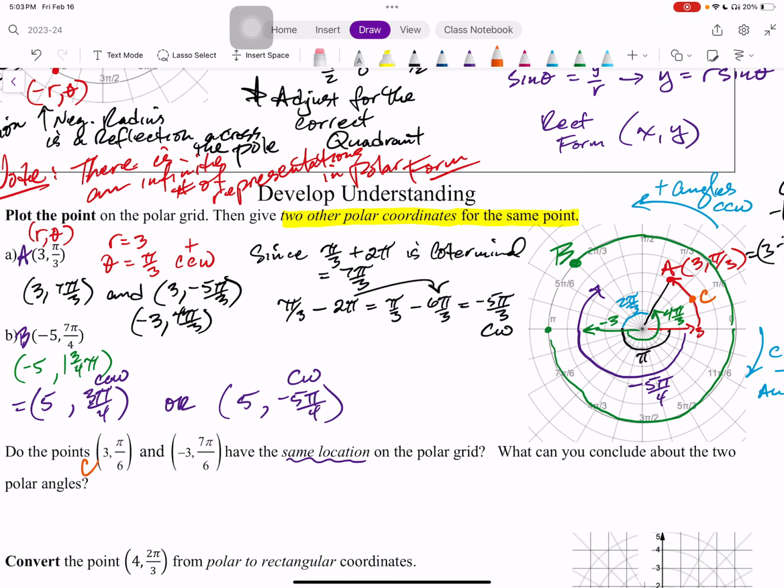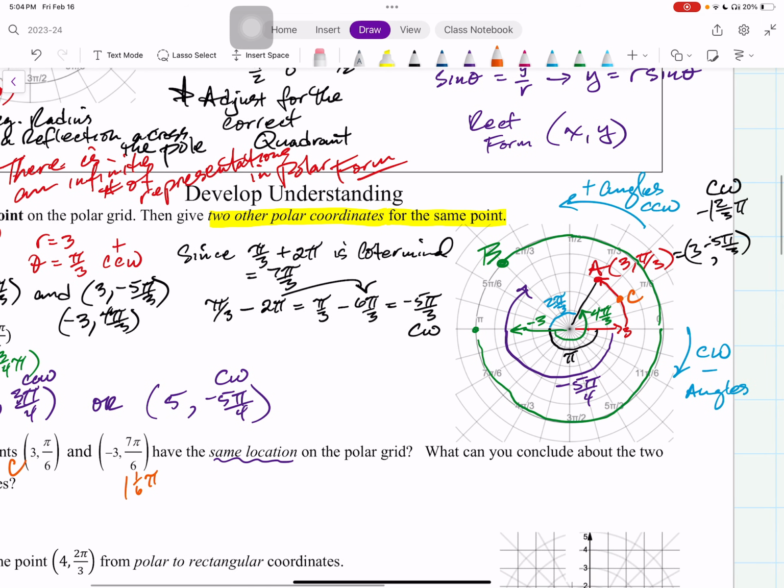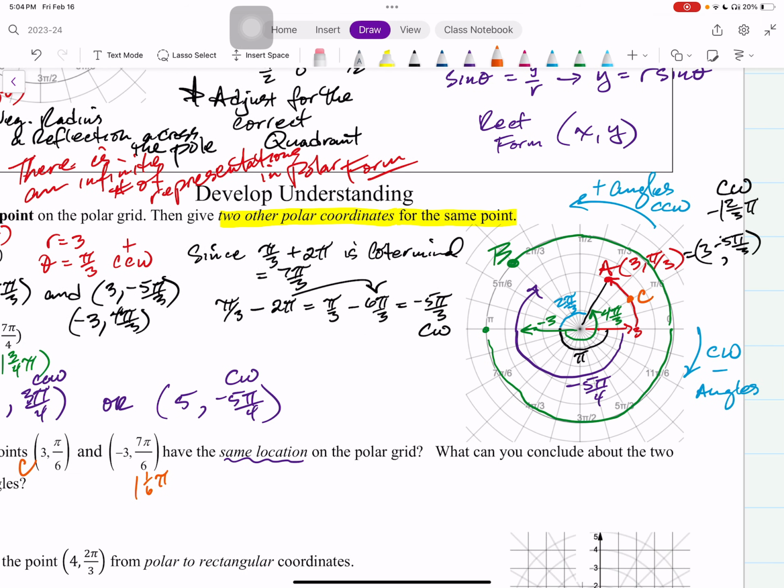And then here, you do the same, but you go left 3 units and then rotate 1 and 1/6 pi. So we end up in the same position. You go out 3 to the left now, 1, 2, 3, and then you rotate 1 and 1/6 pi. So you go halfway around, and then 1/6 more.